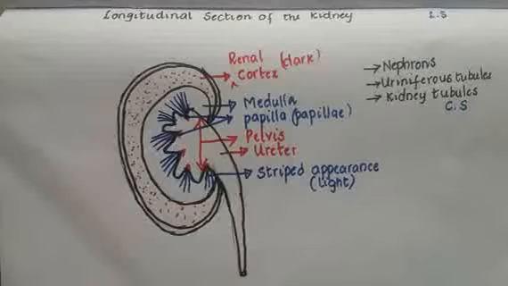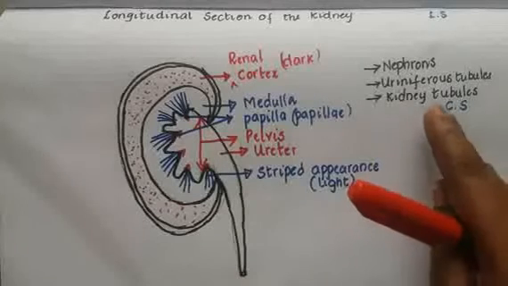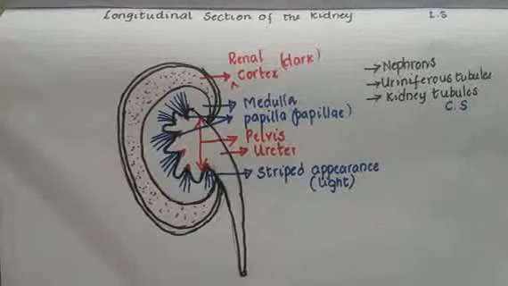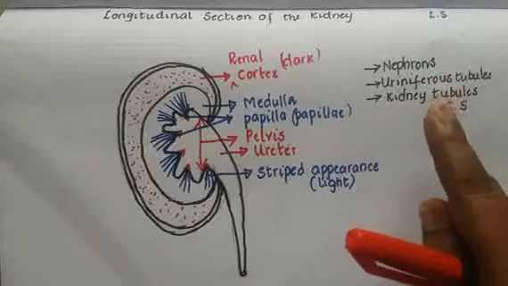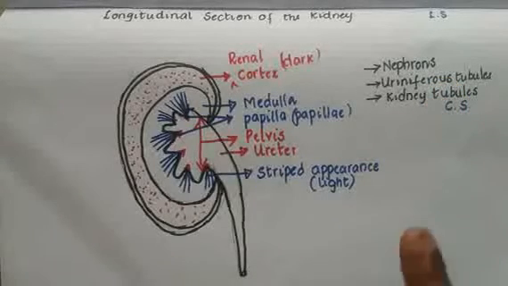And the kidney has a number of structural and functional units known as nephrons, also known as uriniferous tubules or kidney tubules. Yes, children, you have to practice this diagram several times. This is one of the expected diagrams asked in the board examination, where they will ask you to draw the longitudinal section of the kidney.